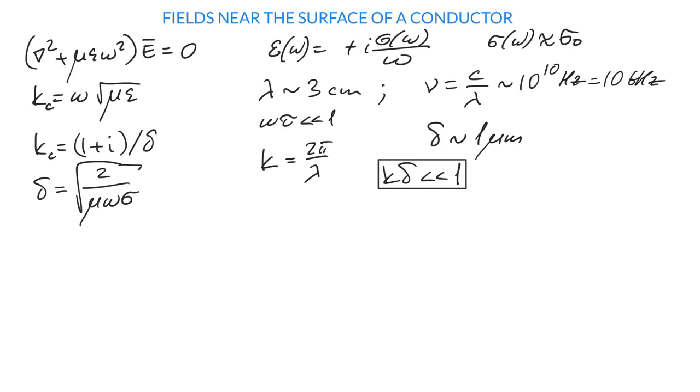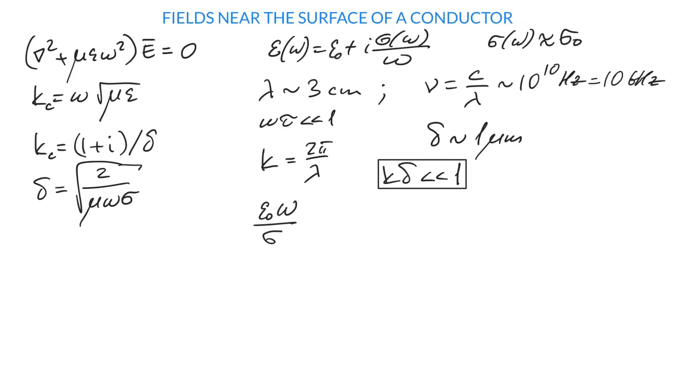So instead of 1, we would then have epsilon naught here. Let's compare this first term, epsilon naught, with the second one. So we can write the ratio epsilon naught omega divided by sigma.